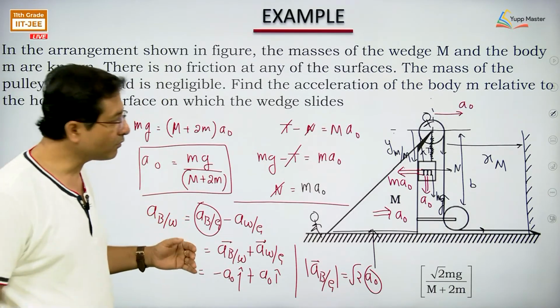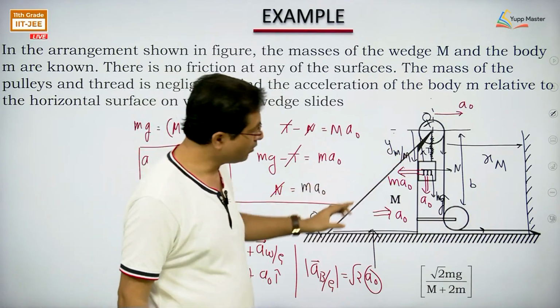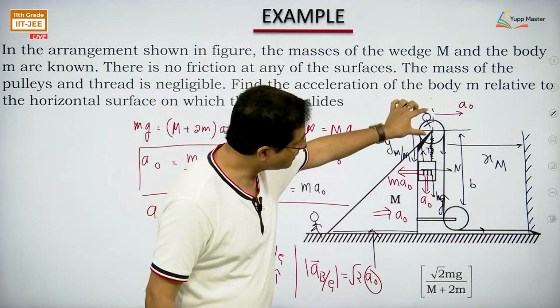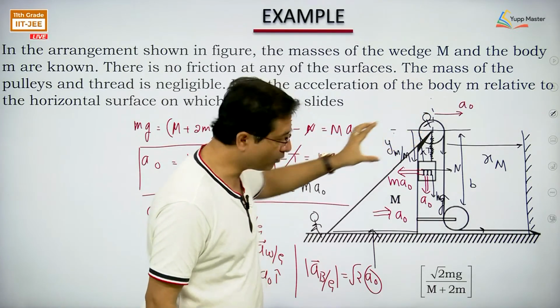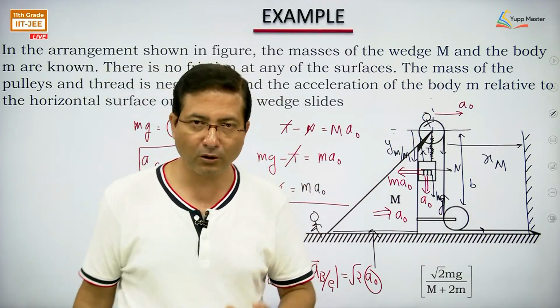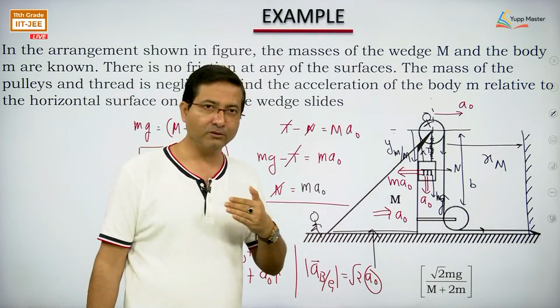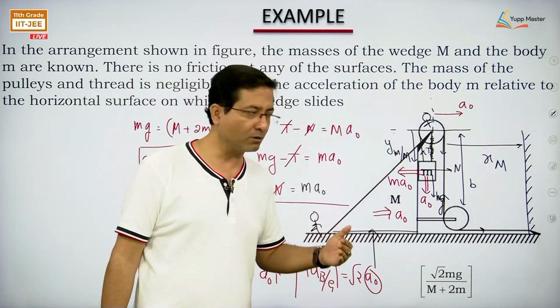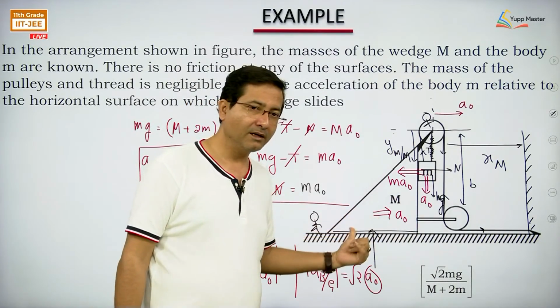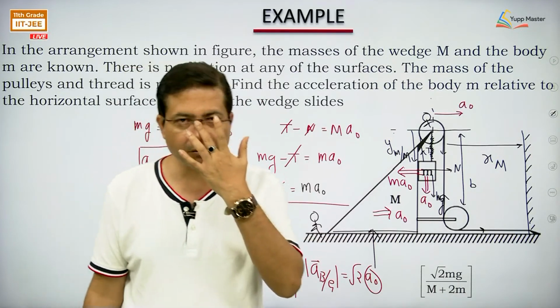So instead of observing the block standing on the ground, I observed the block standing here and I observed the wedge standing on the ground. From the ground frame I can see the wedge goes in the x direction. I know the motion of the wedge from the ground frame. That's why it was convenient to observe the motion of the wedge with respect to ground.